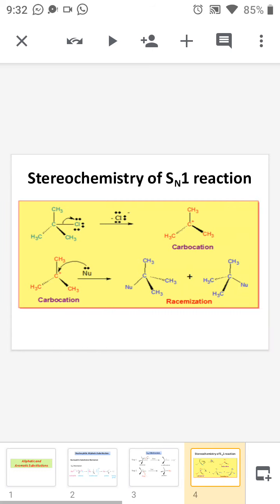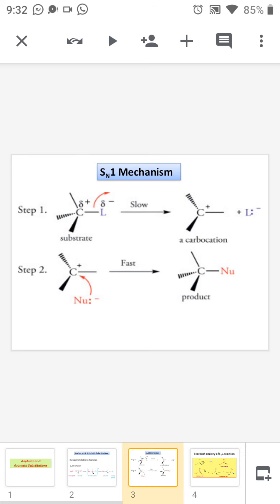Now we are moving into the stereochemistry of the SN1 reaction. As we discussed earlier, the SN1 reaction undergoes through two steps, and first is the rate determining step, in which a carbocation is formed.